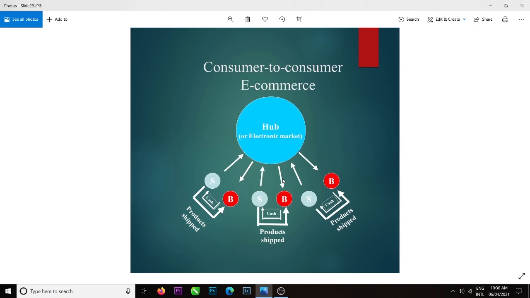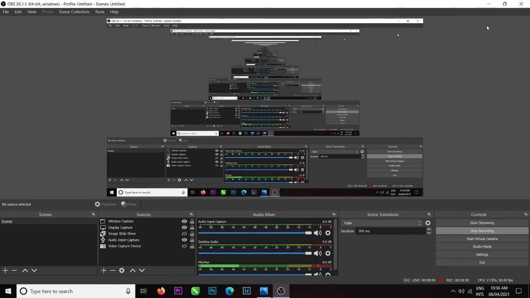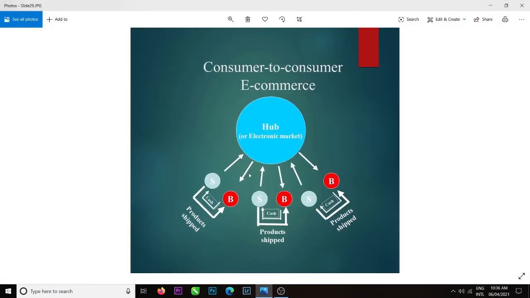The next one is C2C, consumer to consumer. Electronic hub is there, and one consumer's products were shipped and cash received.